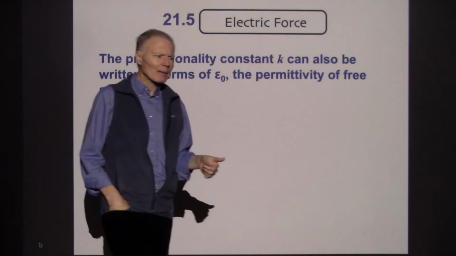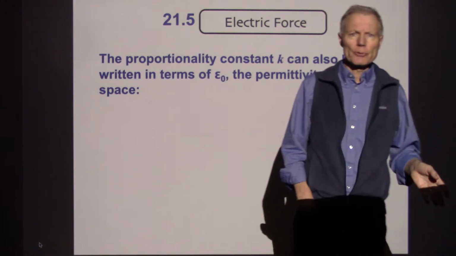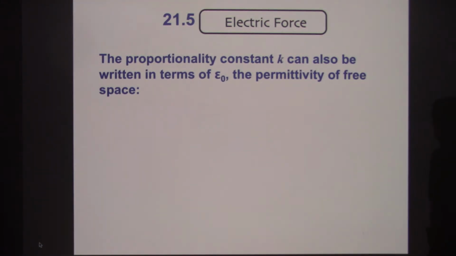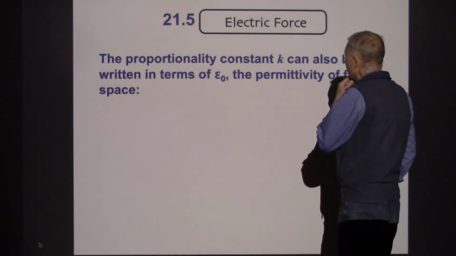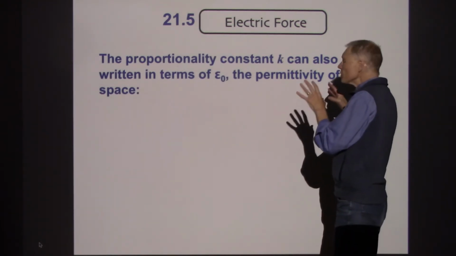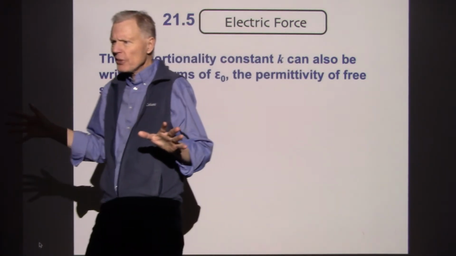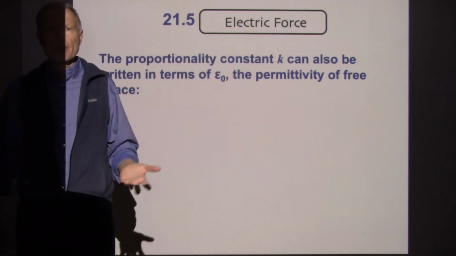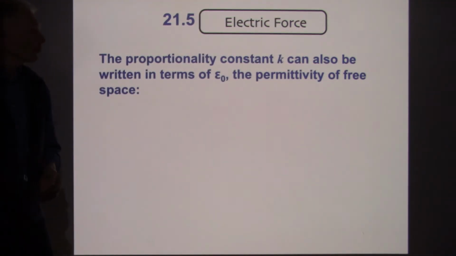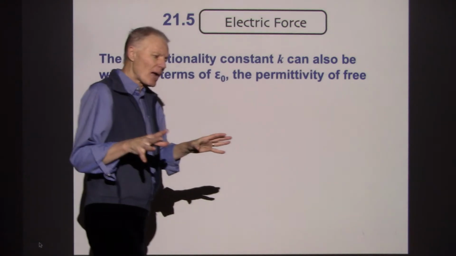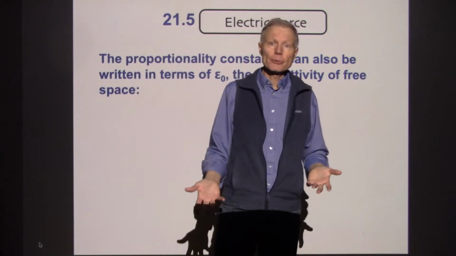This traces back to the mid-1800s when electric force and magnetic force formulas were being developed. It was thought that space was filled with something called the ether. You may have heard about this in different science classes. And that the ether had mechanical properties to it.